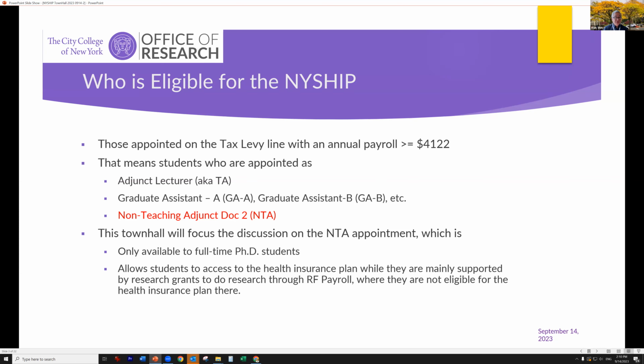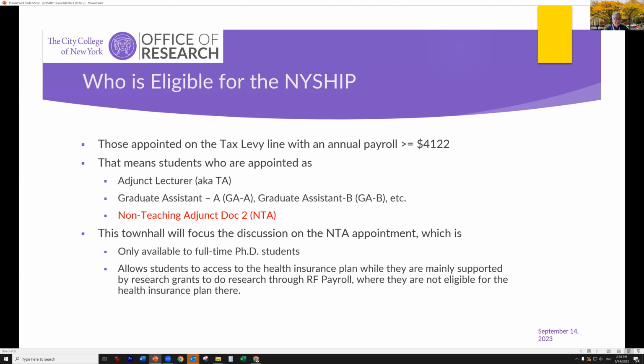Our students have often been appointed as adjunct lecturers, or what we call TAs, or as a graduate assistant, either A, B, C, or D, and so forth. The first two will be more than 4122 per year, so obviously those appointments will also make them eligible for the NYSHIP program.